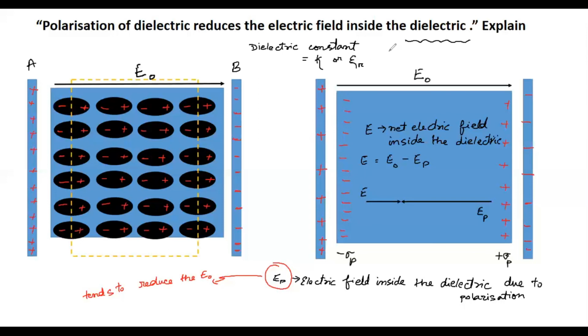So it is nothing but the ratio of the electric field in vacuum, that means when you don't insert this dielectric substance between these metal plates, to the electric field inside the dielectric, that is E. So it is nothing but E naught by E naught minus EP. Okay, so this is how we define a dielectric constant.